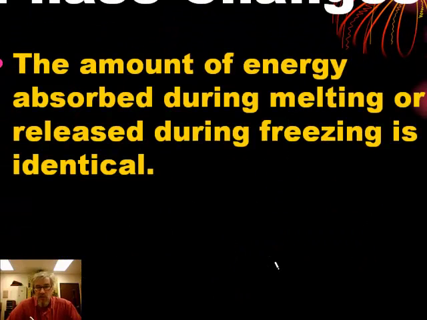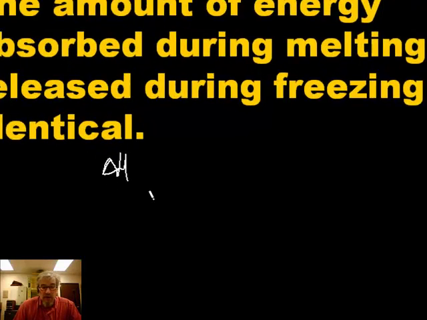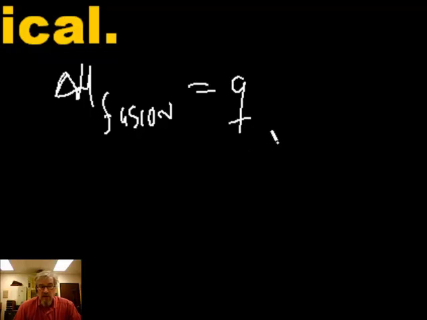Now, the amount of energy that's absorbed when you melt and the amount of energy that's released when you freeze something is an identical quantity. And there's actually a name for it. It's called delta H, enthalpy change, of fusion. It's often abbreviated just delta H fus, or since it's a heat change, sometimes it's called Q of fusion as well.